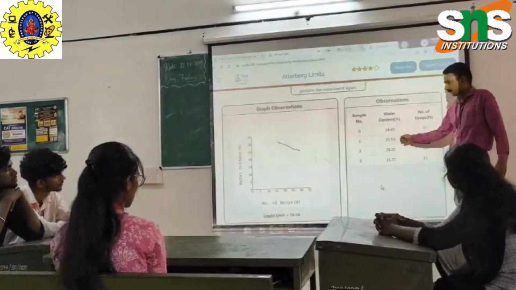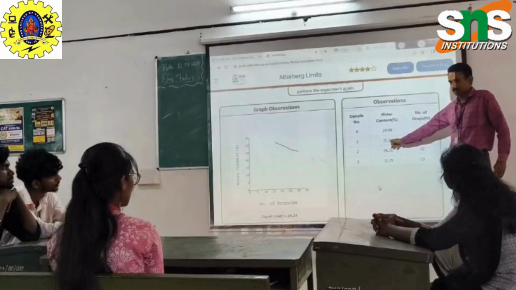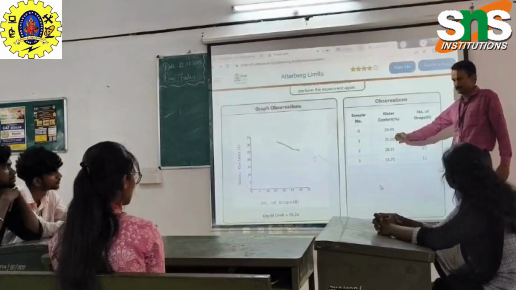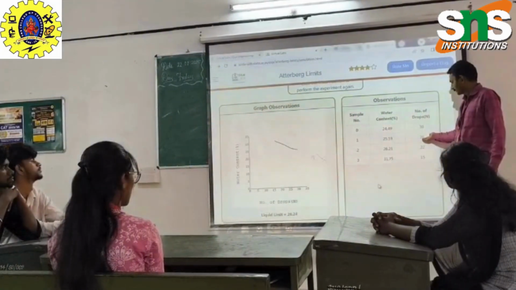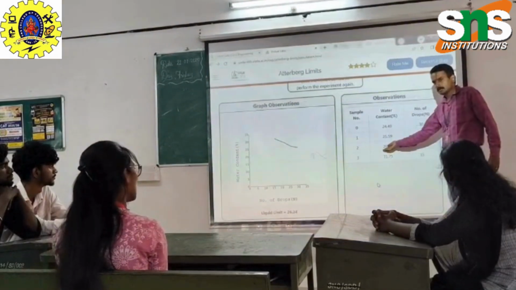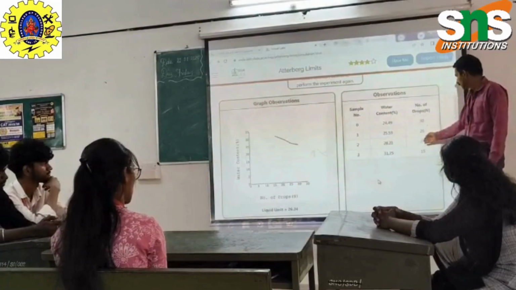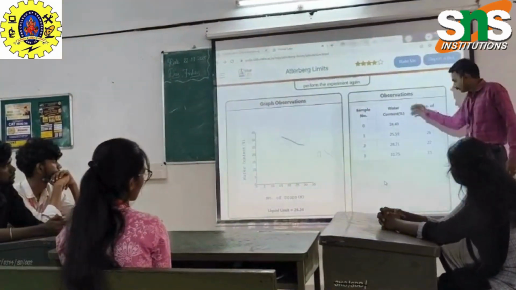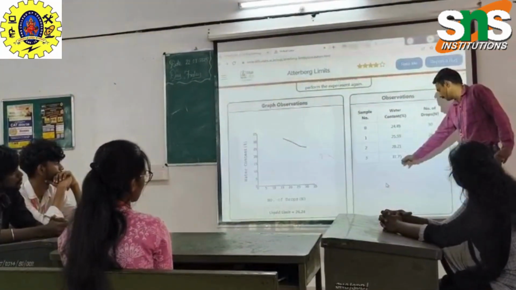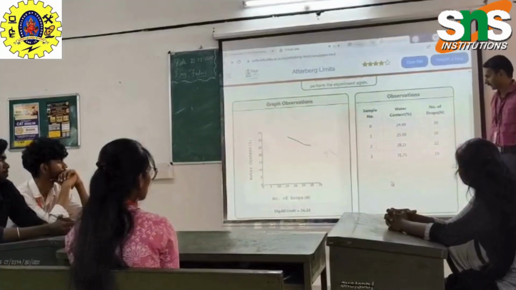If you increase the water content, the number of blows is gradually decreasing. Upon adding 25.59% of water, the number of blows required is reduced to 26. On further addition, for a value of 28.21% of water content, we received 22 blows. On further addition to 31.75%, the number of blows gradually decreased to 15.